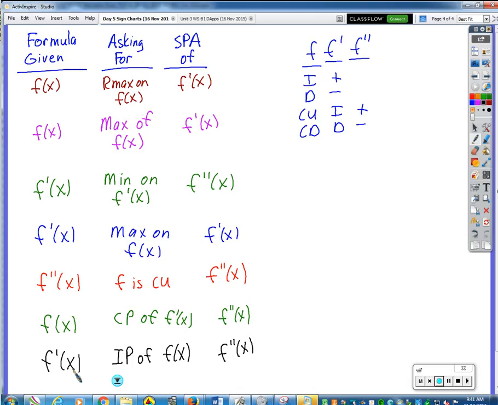So what you just said was, if I'm trying to figure out when f is concave up, I'm definitely going to have to do this, because I don't have any graphs. If we have graphs, we don't use this at all. Everything we did in Unit 1 was how to do all of this with graphs, right? So if I'm trying to find out when f is concave up, I'm definitely going to have to analyze the signs of f double prime.